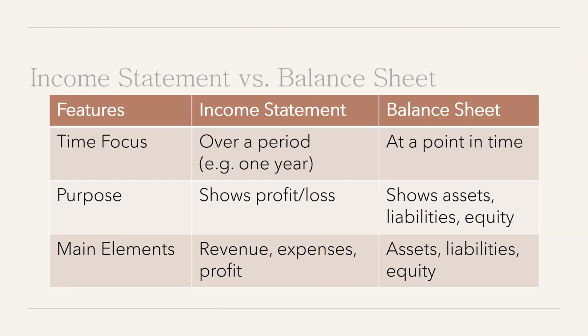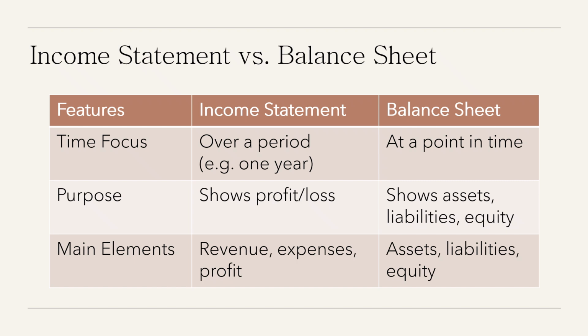Let's have a quick comparison to have a clear understanding of the differences between the income statement and the balance sheet. A quick comparison shows us that the income statement tells us what happened during a time period, while the balance sheet tells us the position at one point in time. So they work together to give a complete financial picture. You can see that the income statement focuses on a time period, while the balance sheet is a point in time.